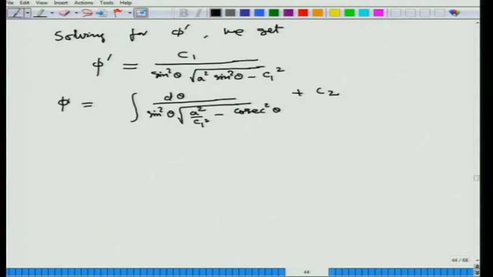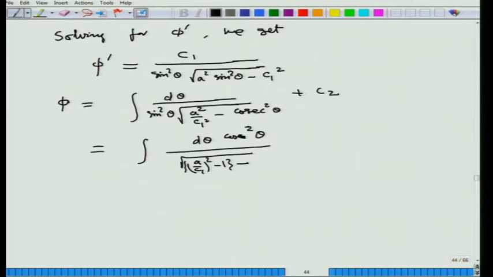So, this can be simplified, and d theta, we can take cosec square theta up there, over square root of (a by C1) whole square minus 1, and then writing it as 1 plus cot square theta. So, that is what we will have.